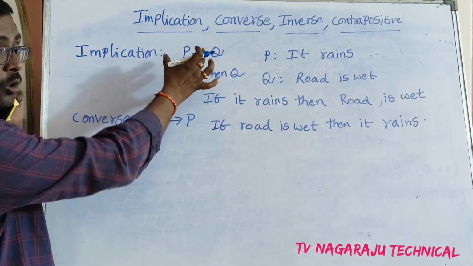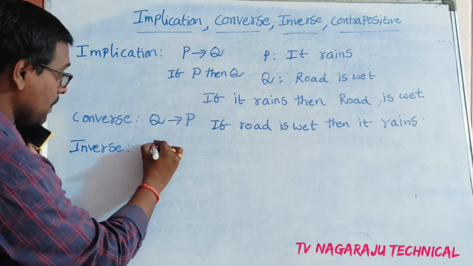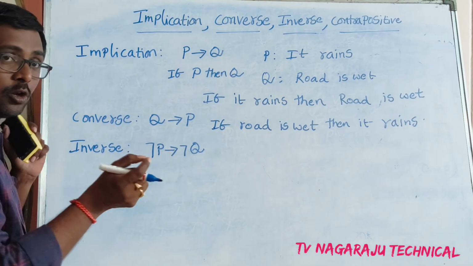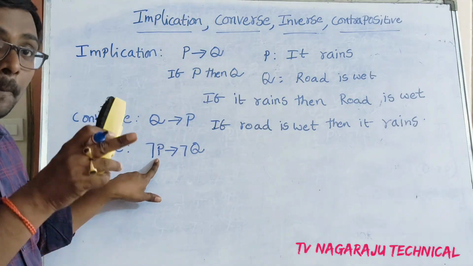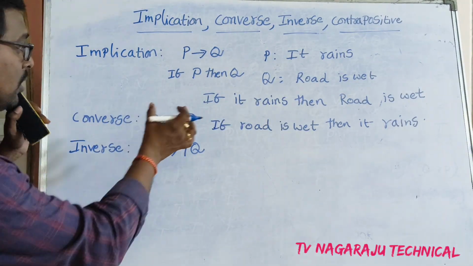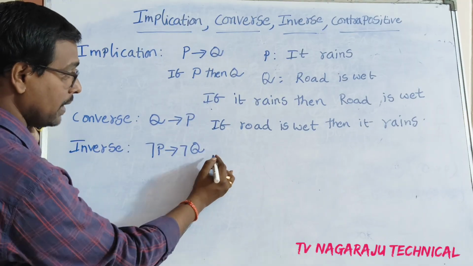The next one is inverse. Inverse is equal to the negation. Simply, negation P implies negation Q, which means if not P, then not Q. For understanding, I will write down. This is my original statement. How?